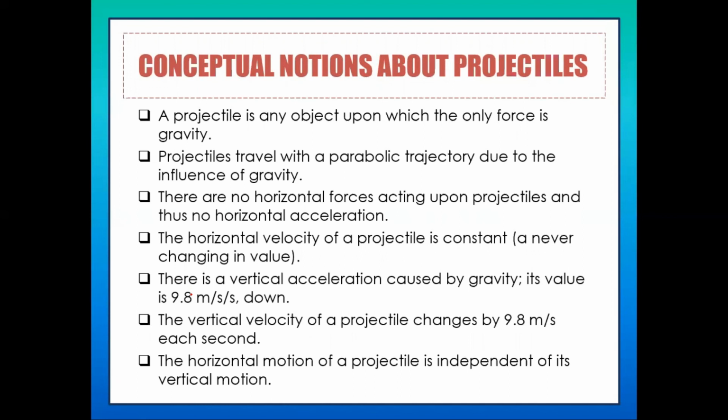Fourth, the horizontal velocity of a projectile is constant and never-changing in value. Fifth, there is a vertical acceleration caused by gravity. Its value is 9.8 meter per second down, or 9.8 meter per second squared. The vertical velocity of a projectile changes by 9.8 meter per second each second, and the horizontal motion of a projectile is independent of its vertical motion.